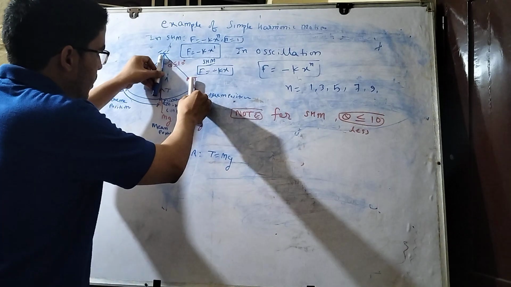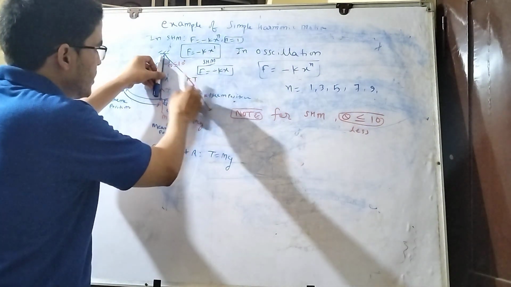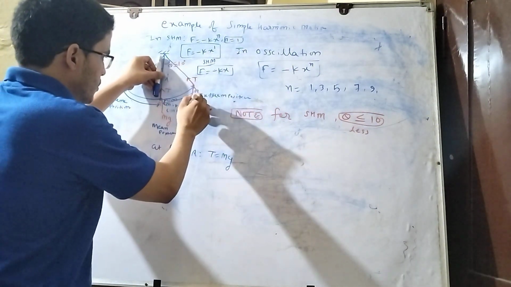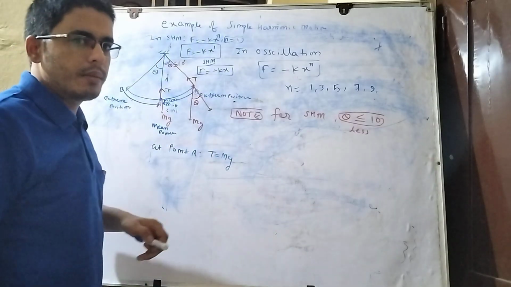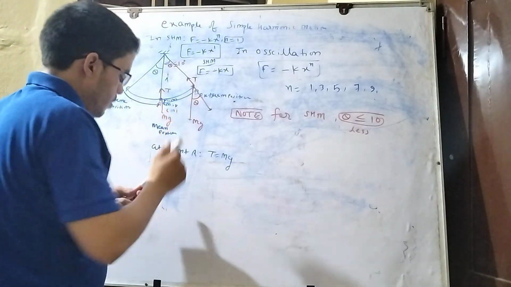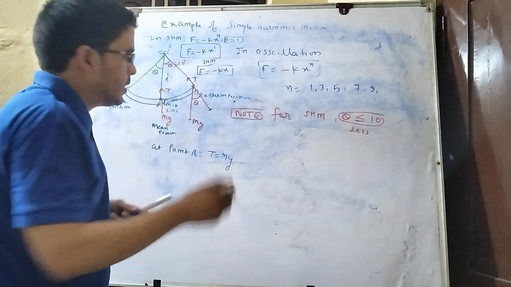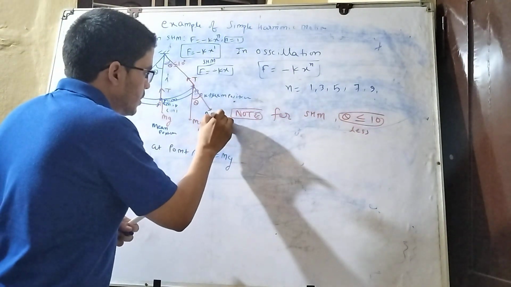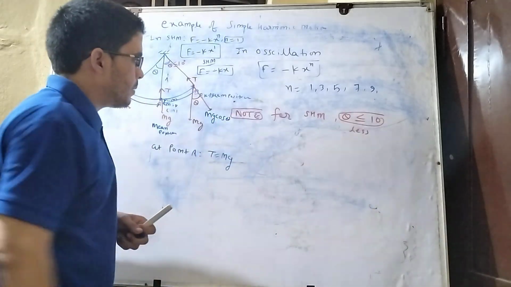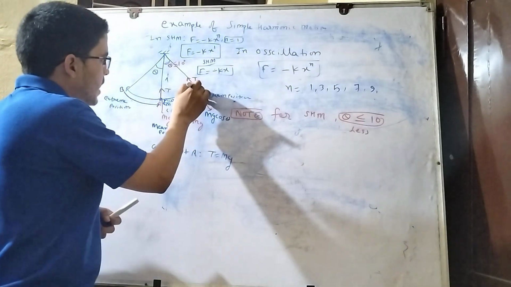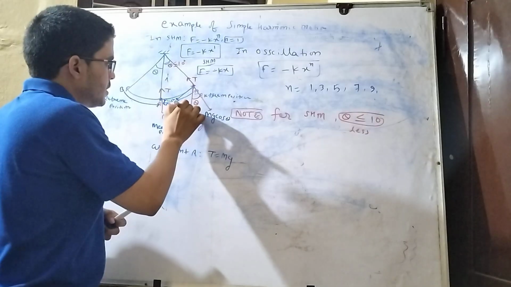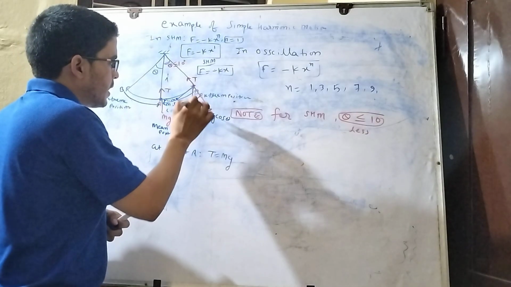If this angle is theta, then this angle is also theta. So the components of mg will be mg cos theta and mg sin theta.